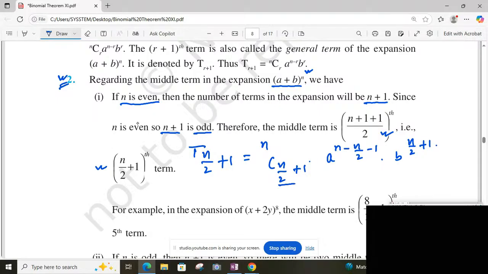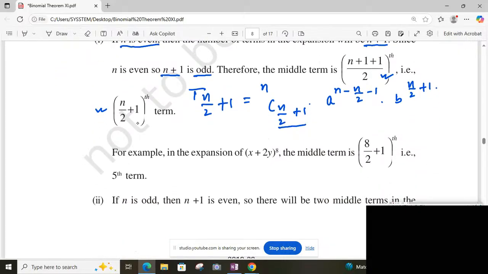Instead of r, we have this one, and we know n minus r for a and r for b. So this one will be the middle term in the expansion of (a plus b) to the power n when n is even.